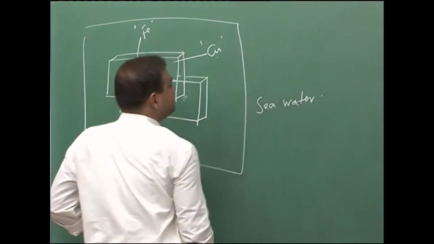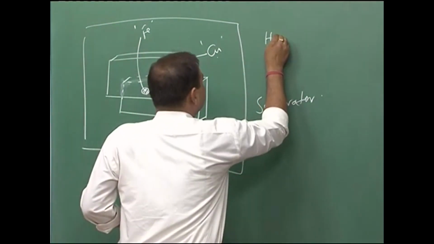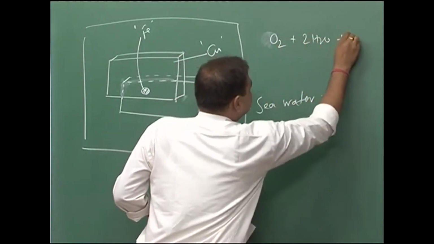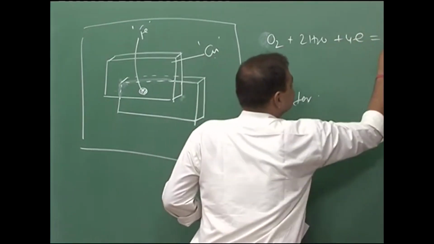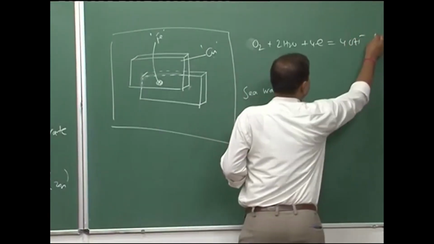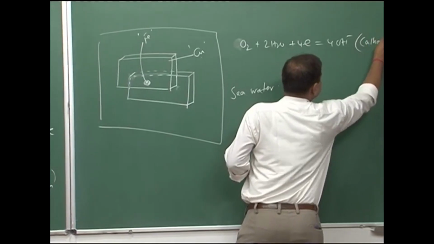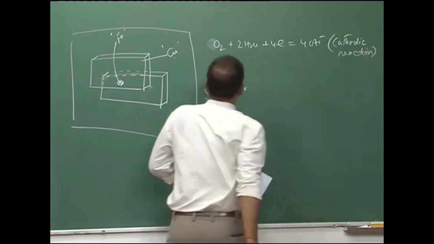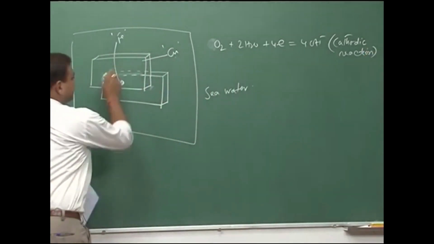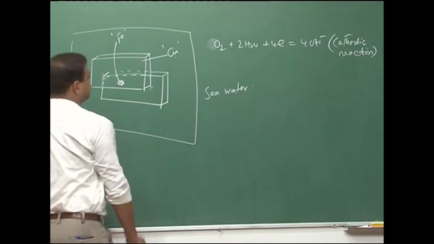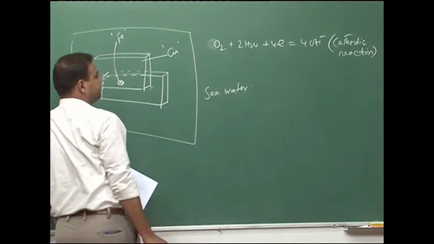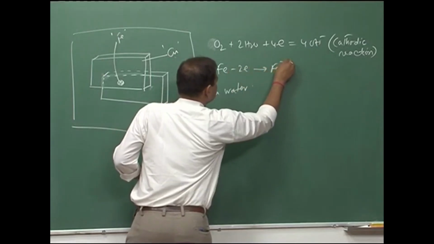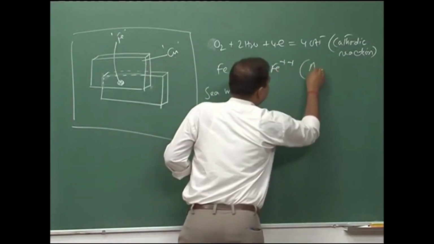So, what would be my cathodic reaction in seawater? The possible cathodic reaction is this. This is my cathodic reaction, and if this is my cathodic reaction, then the anodic reaction would be, since iron is active here, iron will dissolve. This is my anodic reaction.